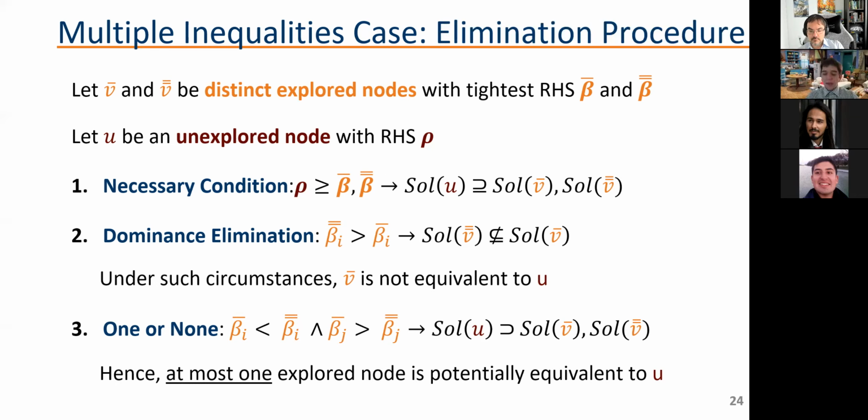What that means at the end of the day is that if you do depth-first search, and you keep track of the tightest right-hand side value for each subproblem that would give you the same solutions, then by looking back at them before branching on any new node in your branch and bound tree, you can tell whether there's one subproblem we have seen before that could match the current one, or whether there is none. So you're never going to have more than one node being potentially equivalent to the one that you're about to explore. It really comes down to whether these two nodes match or not.